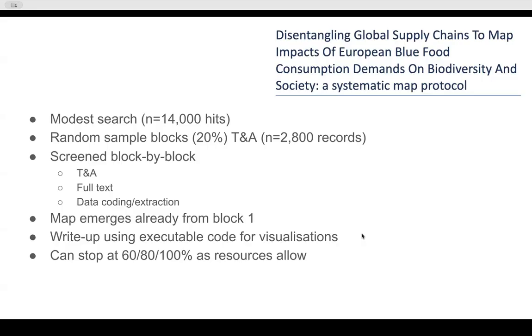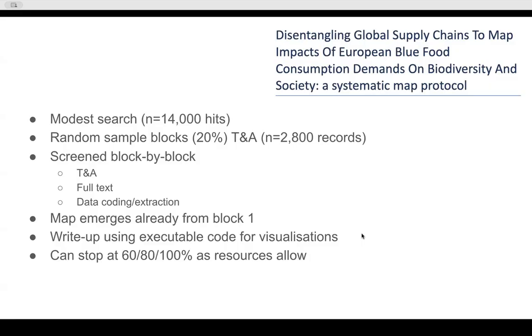We've already got a pretty good picture of the evidence base after the first block. We'll end up with about 300 studies after 60%, which is the point that we've got to so far. And we will then write that up as a report with the intention of moving on to do the additional 40% to look at the entire evidence base. But that does not necessarily have a value beyond what we can find at 60%.